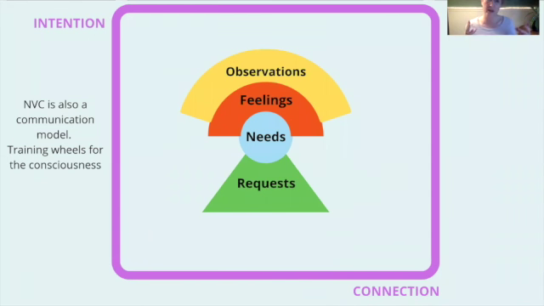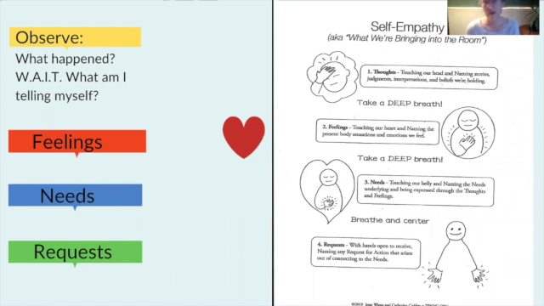But these are the training wheels, in a sense, for that consciousness of being a new story about how the world works: that everything we say or do is to be connected to something that we all universally value. In some of the other videos, I've gone through each part of the 4 parts of the model: observations, feelings, needs, and requests. And we're going to apply it to a self-empathy process.